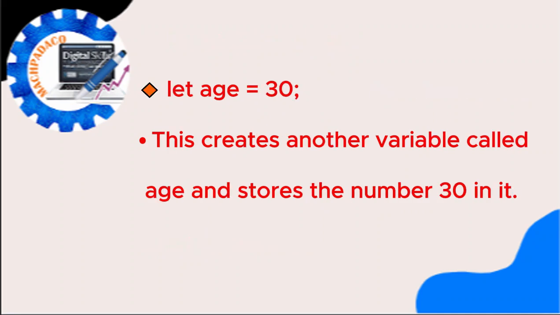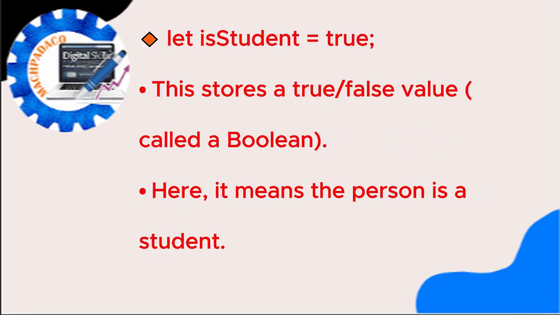Then the next code, let age is equal to 30, creates another variable called age and stores the number 30 in it. Let isStudent true stores a true or false value called a boolean. Here, it means the person is a student.